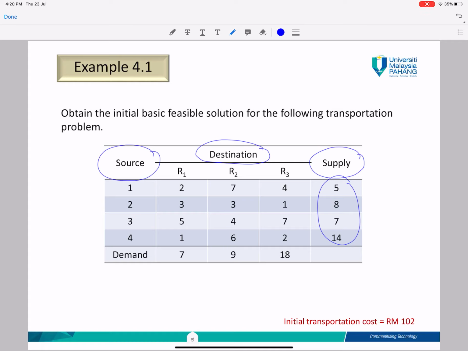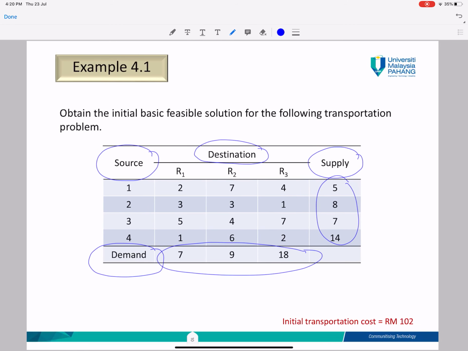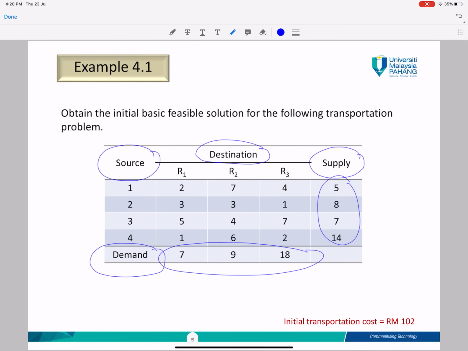And we also have information about the demand, where in this particular row you have the values representing the number of goods demanded by the destinations. So let us now see how you can use the northwest corner method in order to find the initial basic feasible solution.